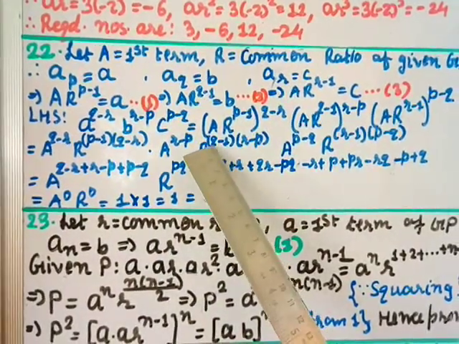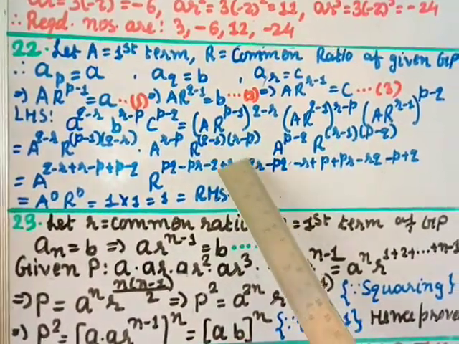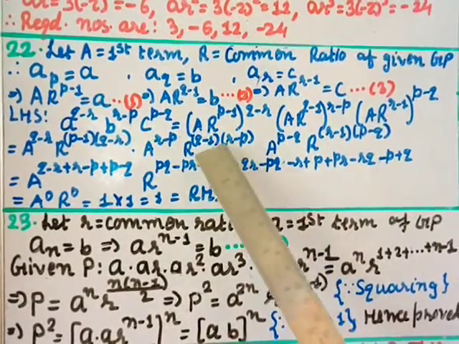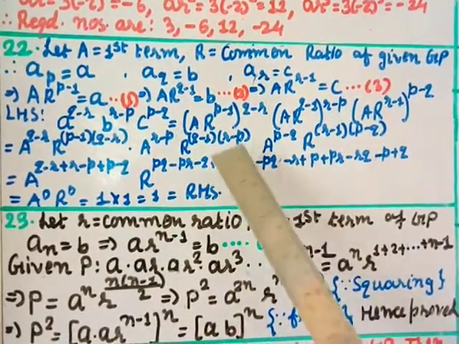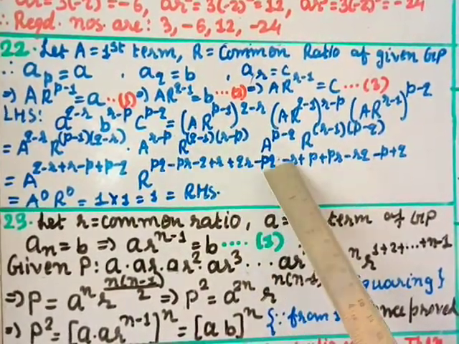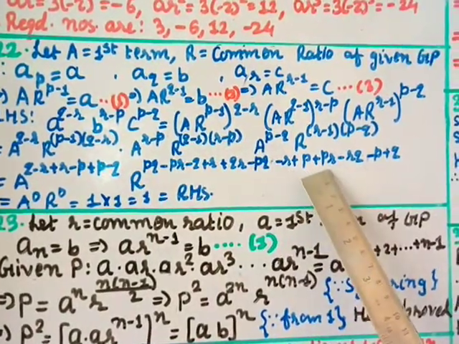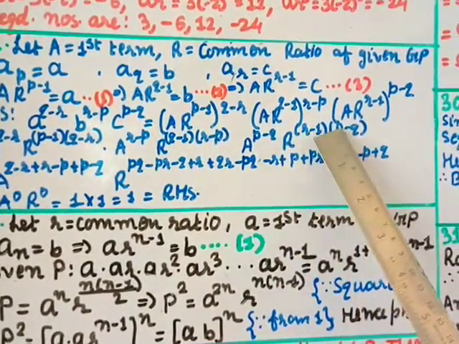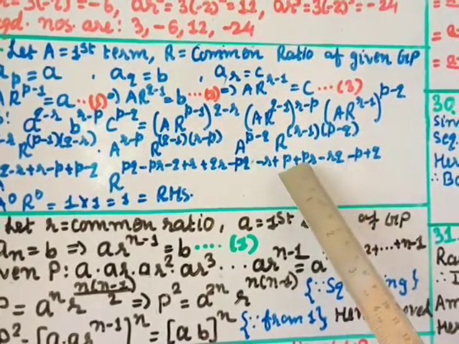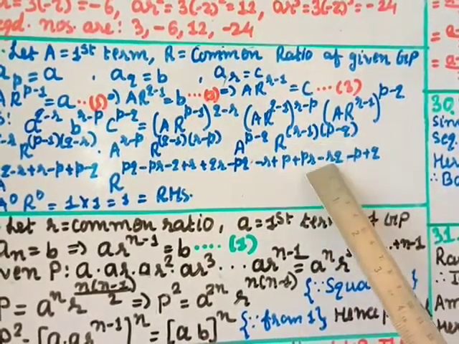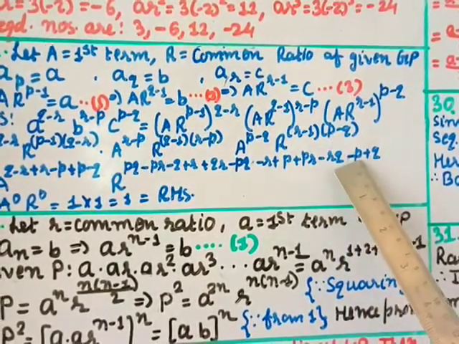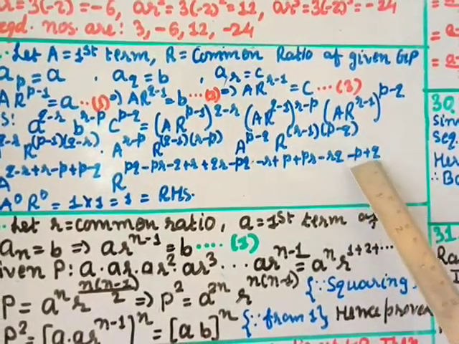Then here q into r is qr, q into minus p is minus pq. Minus 1 into r is minus r, minus 1 into minus p is plus pr. And here r into p is pr, r into q is minus rq, minus 1 into p is minus p, minus 1 into minus q is plus q.